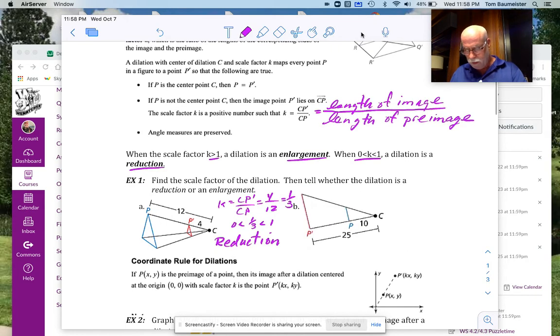Okay, for the next one, again, I don't have to put K every time, but I would put CP prime over CP just to get used to that. All right, and I can write that one as 25 over 10, which would equal 5/2. 5/2 would make K greater than 1, so it would be an enlargement.